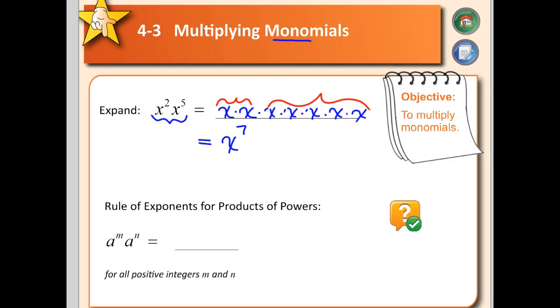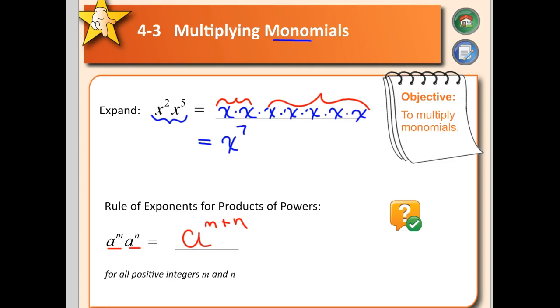So we're going to see then, in order for me to write a rule of exponents for products of powers, if I have the same base, if you notice they're both a and a, then I can add my exponents. So if we have the same base, we can add our exponents.